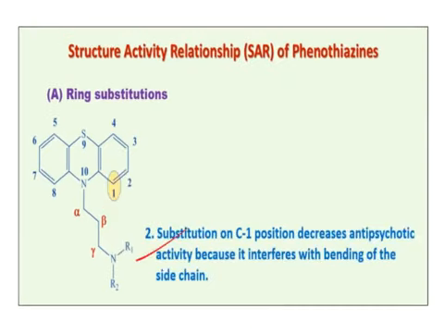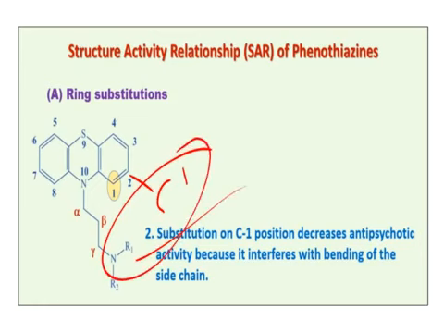The second one: substitution on the C1 position decreases the antipsychotic activity because it interferes with the bending of the side chain. If we make any substitution at the first position, its activity decreases. Now we have seen why 3 carbons are needed in the alkyl chain: to form a hydrogen bond between those carbons and the Cl here. So the structure which binds to the receptor can be disturbed when we have any substitution at the one position.